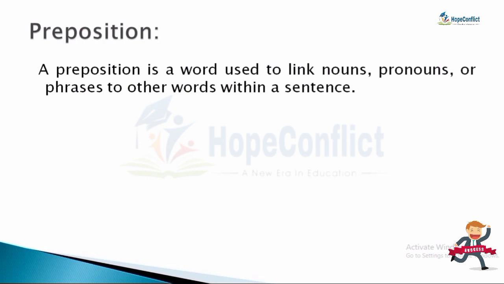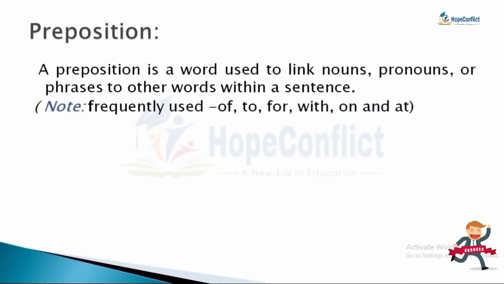So a word which joins your nouns or your pronouns or phrases is known as a preposition. Okay, there is a note. Frequently used prepositions. Some examples of prepositions are of, to, for, with, on, and at. Okay, let's go with the examples.